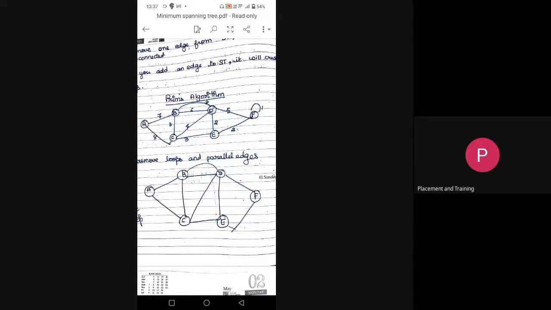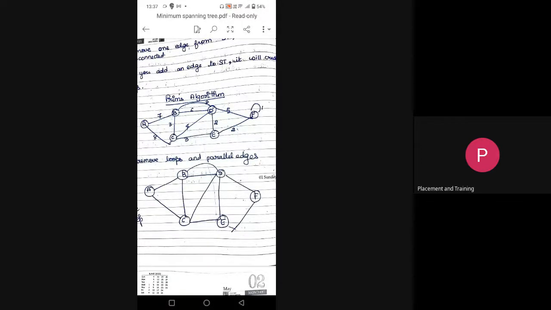For example, from B to D there is a distance of 6 and from B to D again it is 8. One more thing here is we do not have any directions, so we don't have any problem. B to D 6, B to D again 8. So what we do is we take the path which has the minimal weight.